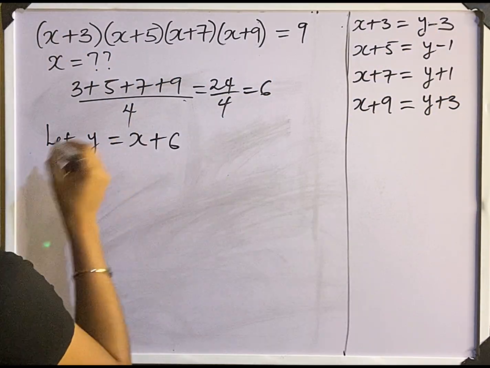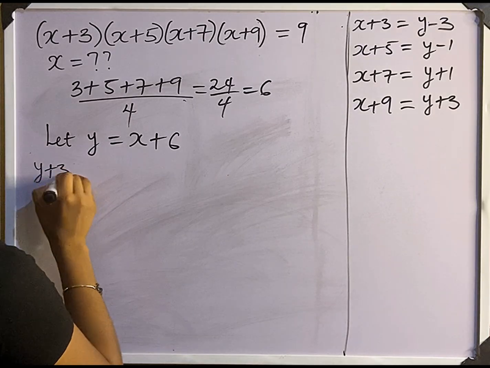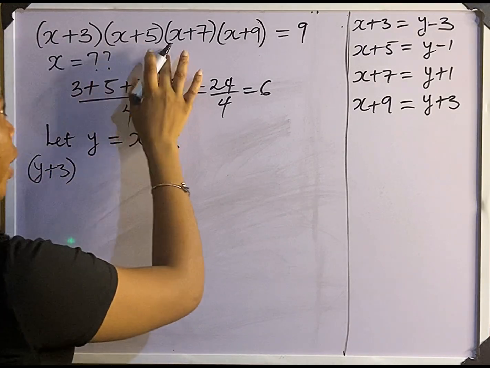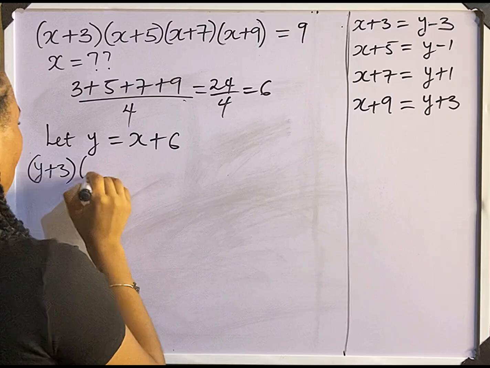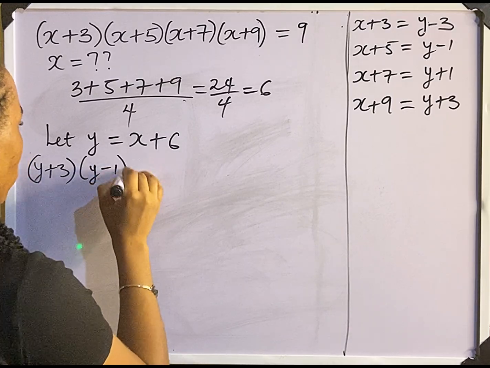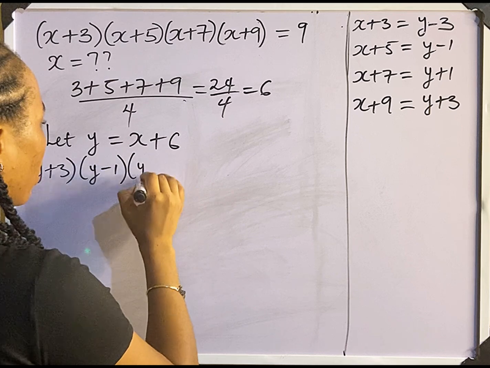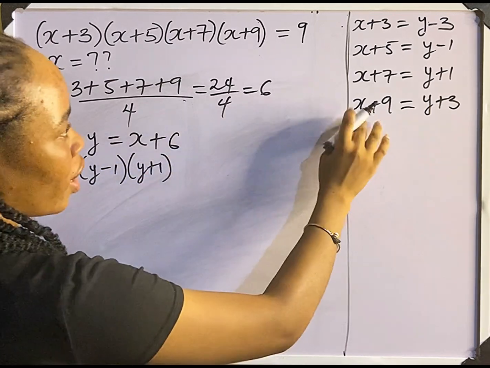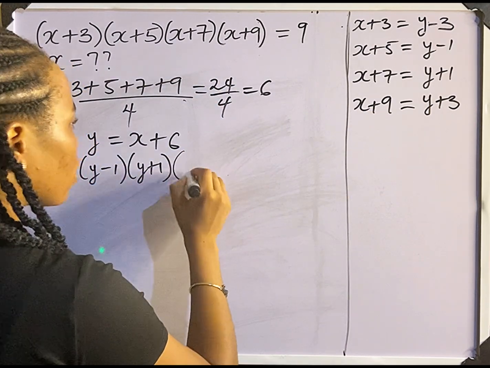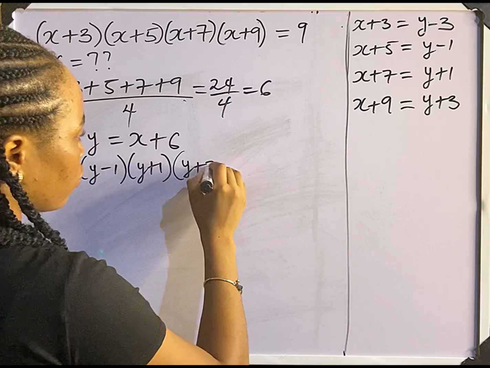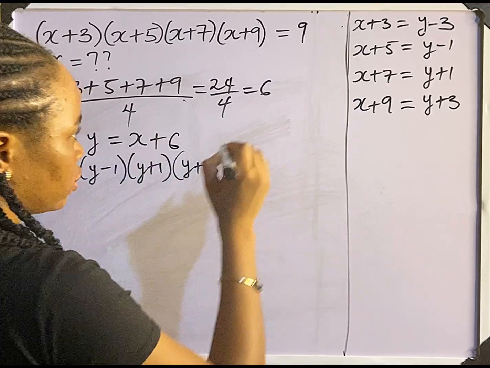We have y minus 3. And then x plus 5 equals what? y minus 1. And then x plus 7 equals y plus 1. And then we have x plus 9 equals y plus 3, equals 9.